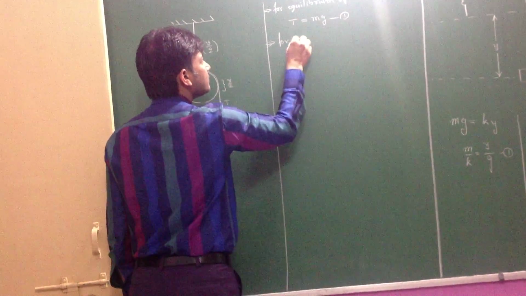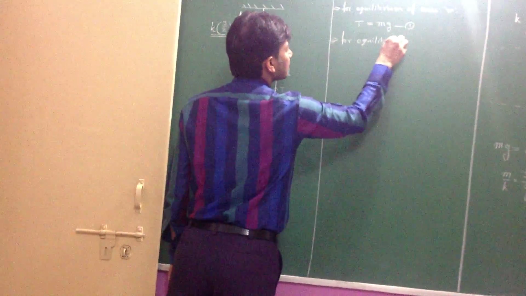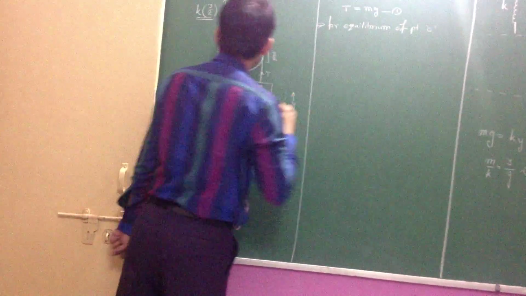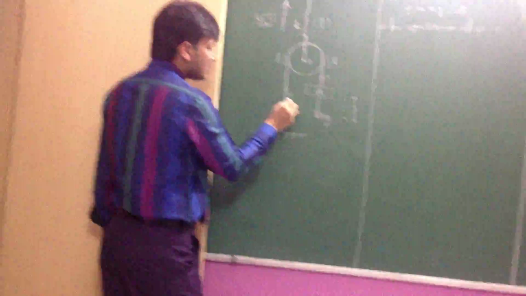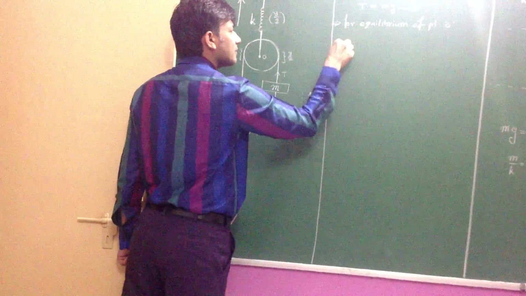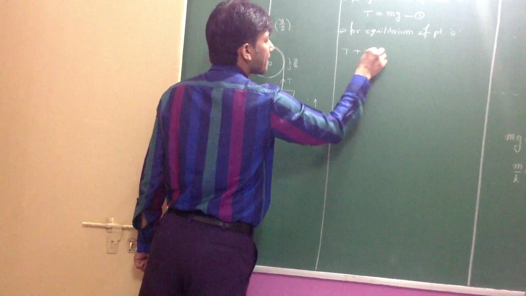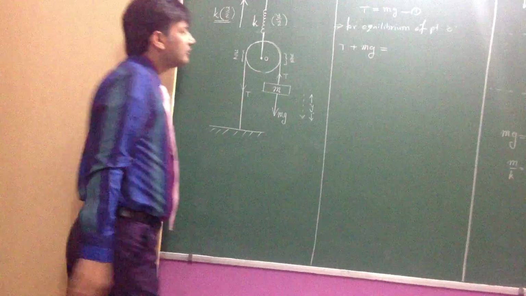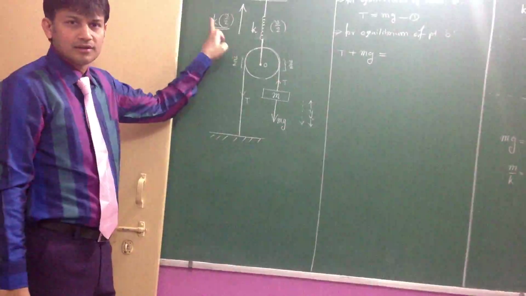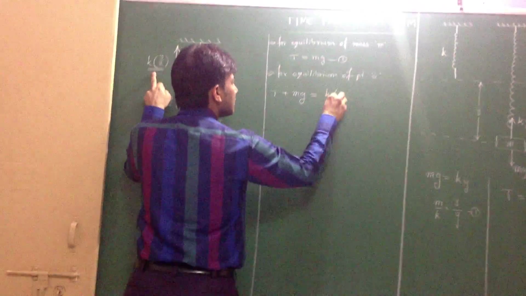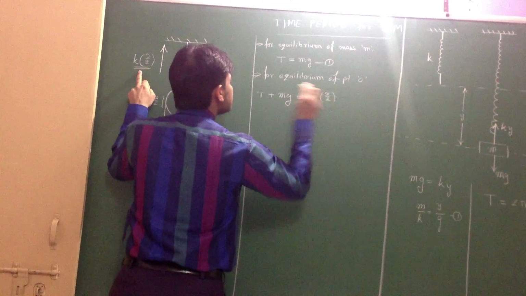For the equilibrium of point O, the forces acting in the downward direction is T plus mg, and the only force acting in the upward direction is this restoring force, that is k y by 2.